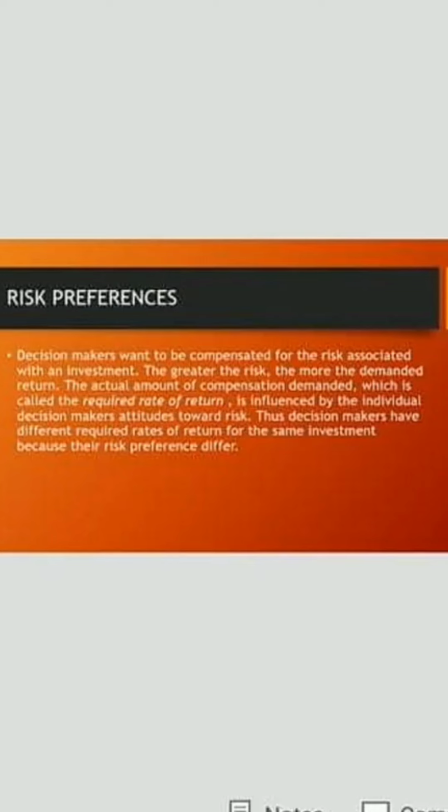Risk preferences. Decision makers want to compensate for the risks associated with an investment. The greater the risk, the more the demanded return. The actual amount of compensation demanded is called the required rate of return.